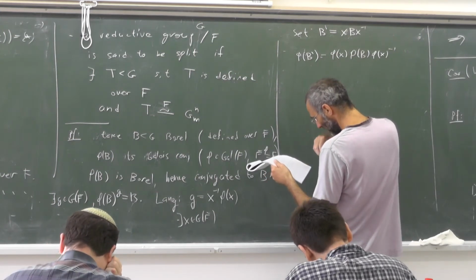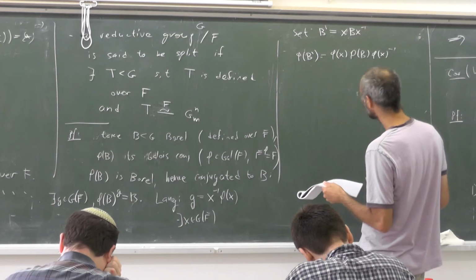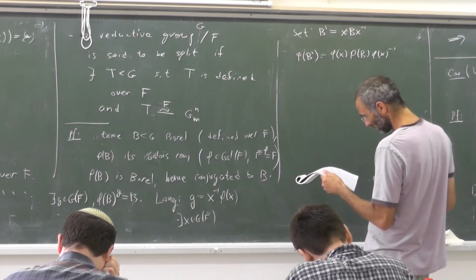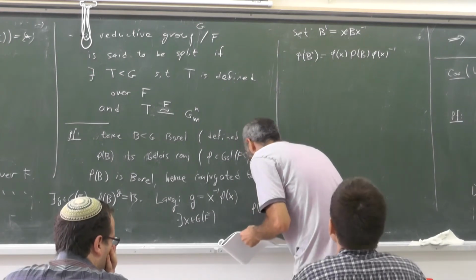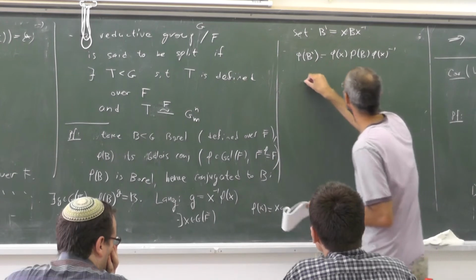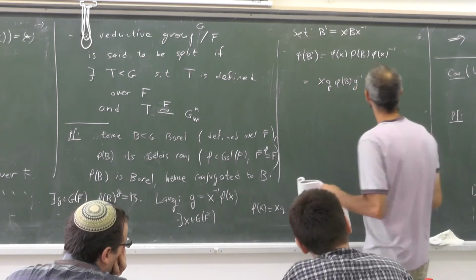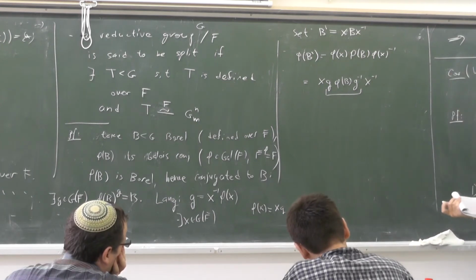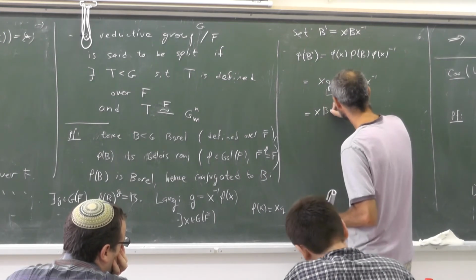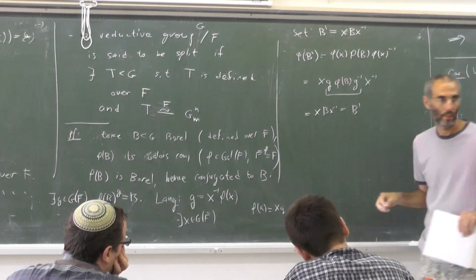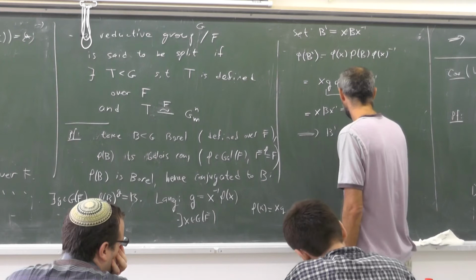Phi of x is x g, right? So this is x g, x inverse, and now this is conjugation by g of B, so this is x B x inverse, which is B prime. So B prime is phi stable.